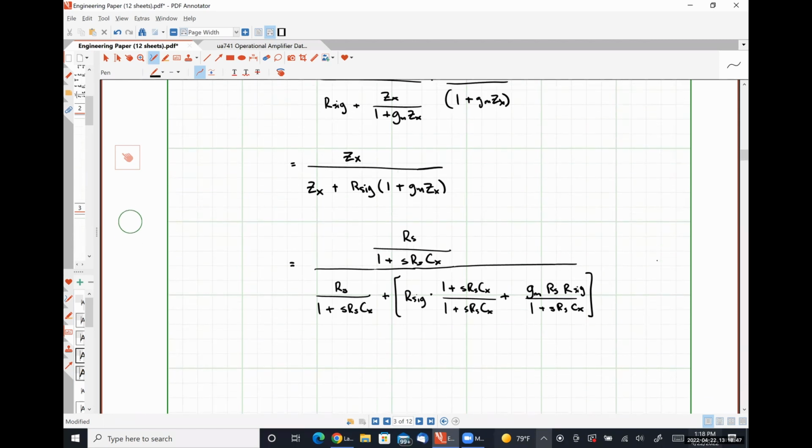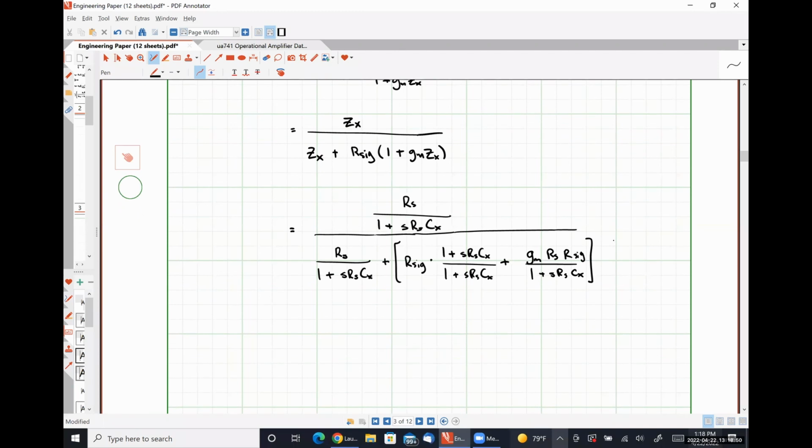All those parts go away, and we are left with RS divided by RS plus GM RS R sig, that's coming from this third term here, plus R sig plus S RS R sig CX.